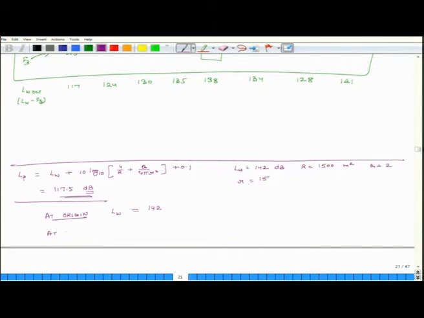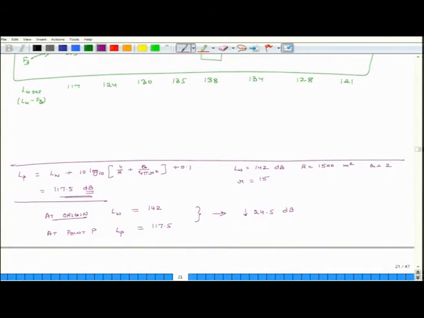And at point P, the sound pressure level is 117.5 decibels, which means that there is a drop of 24.5 decibels.